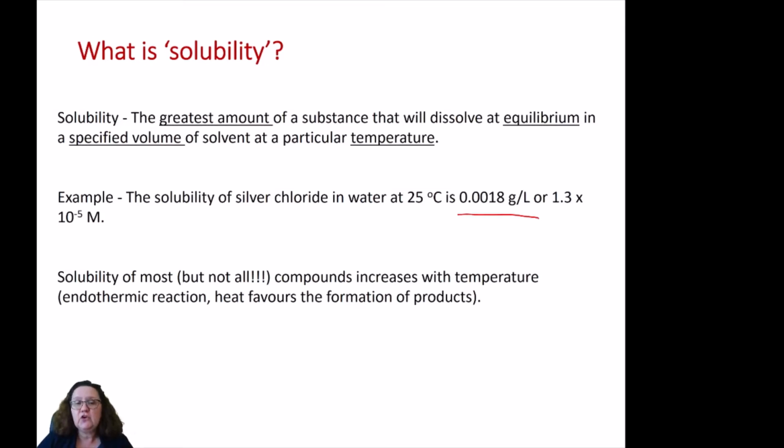In general, the solubility of compounds tends to increase with temperature because the process of dissolving a compound in a solvent is an endothermic reaction. So heat, increased temperature, favors the formation of the products, which is the dissolved substance. That is not always the case.